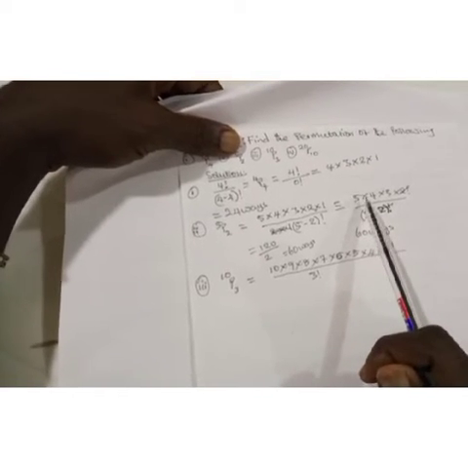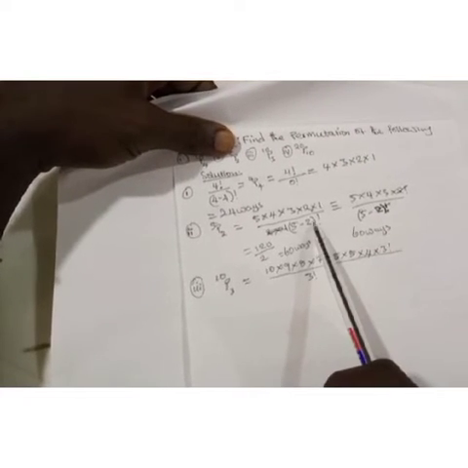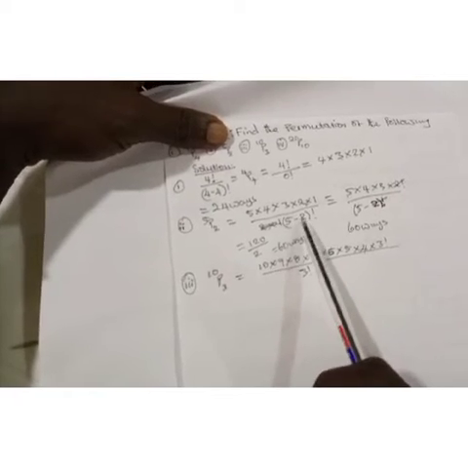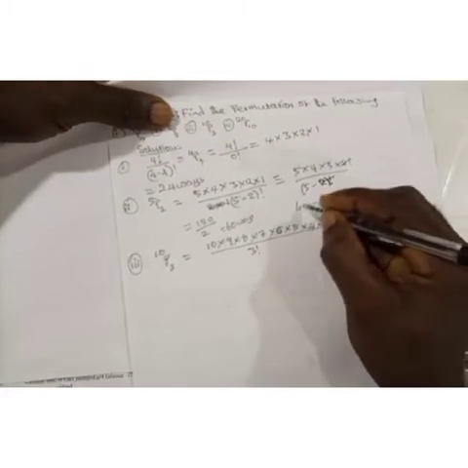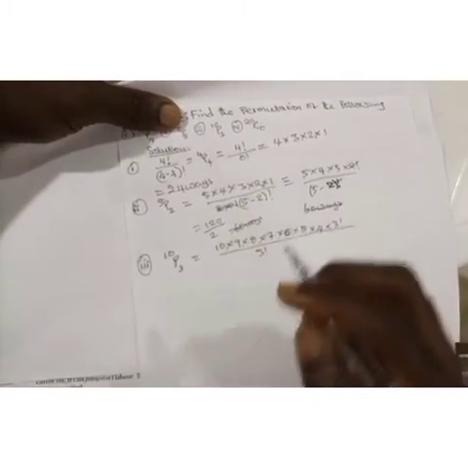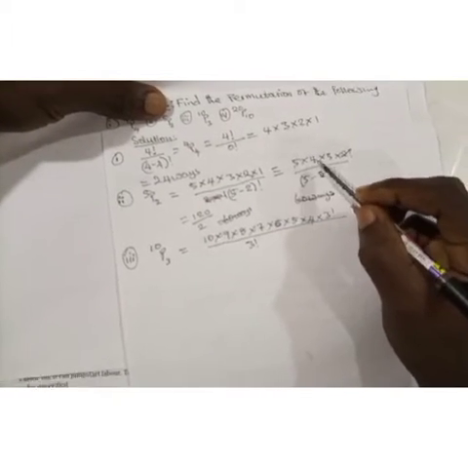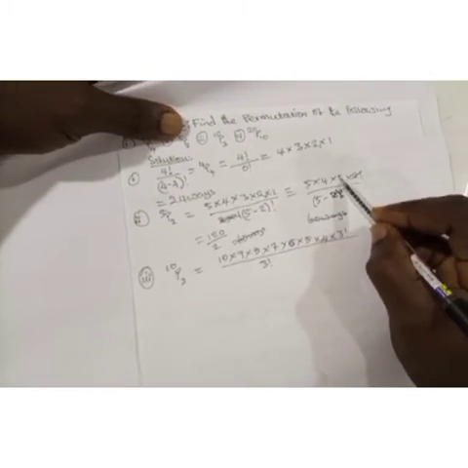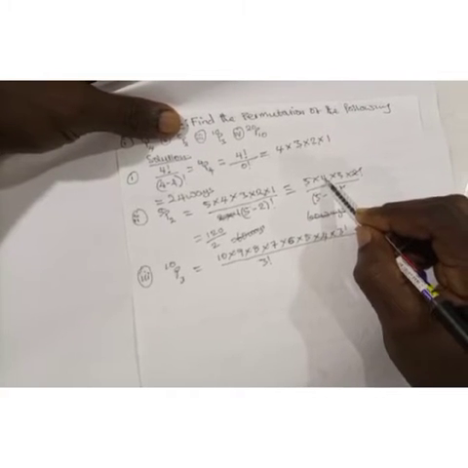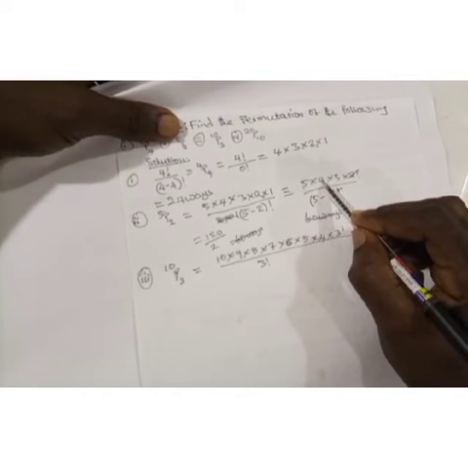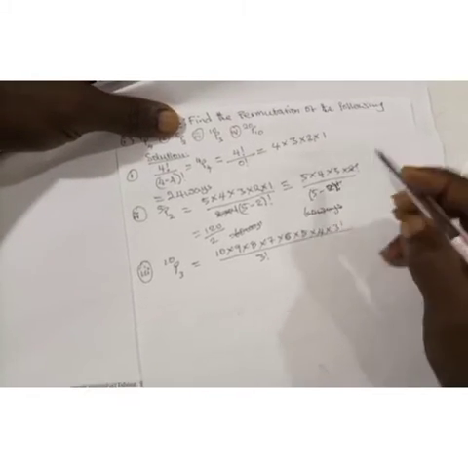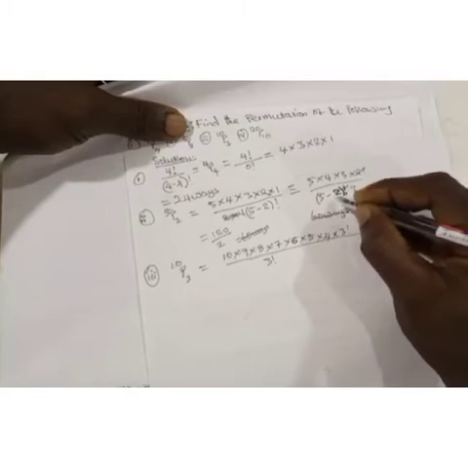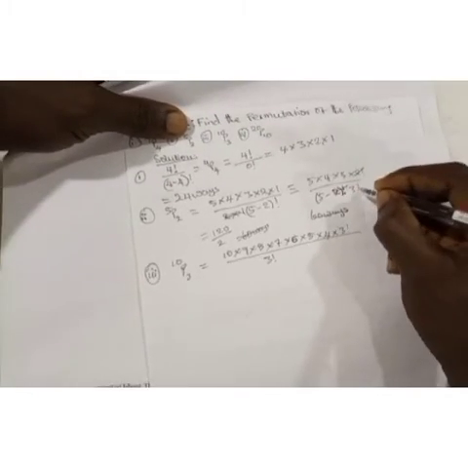So 5 minus 2 gives you 3 factorial. So here will be 3 factorial, and here we have not 60 ways. I'm sorry for the mistake. Here will be 5 times 4 times 3 factorial all over 3 factorial. 5 times 4 gives us 20, and the 3 factorial cancels out.